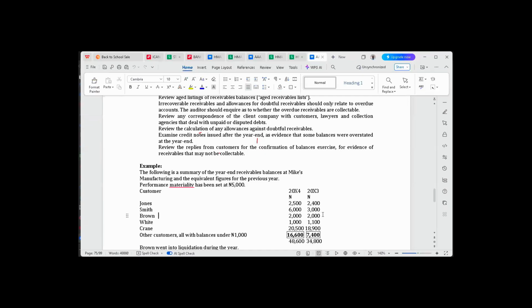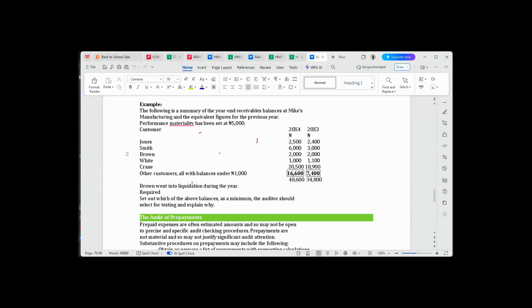Brown, 2,000; 2023, 3,000. White, 1,000; 2023, 1,000. Crane, 20,500 in 2024; 2023, 18,900. Other customers, all with balances under 1,000. The value is 16,600 and 7,400.